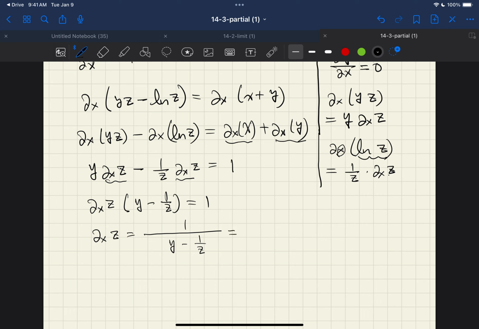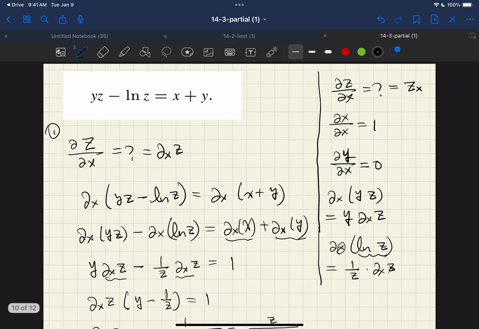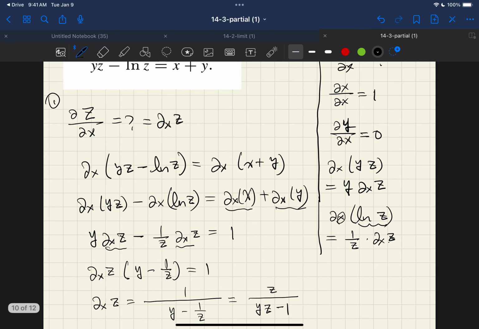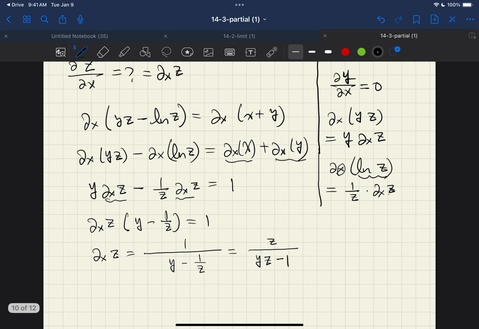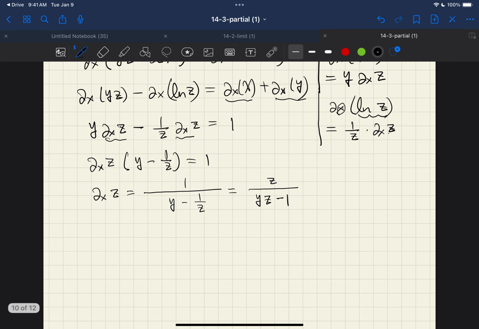We don't want to leave it as a complex fraction, so multiply z on top and bottom. Then this is z, and this is yz minus 1. All right, so yz minus 1. Okay, this is the answer for the first partial, partial z partial x.